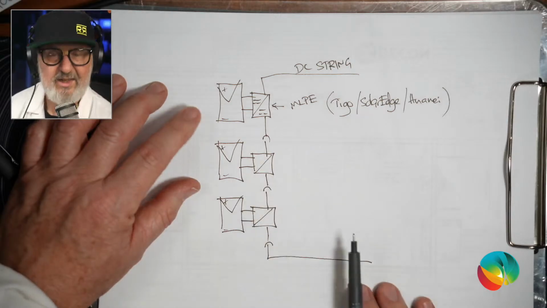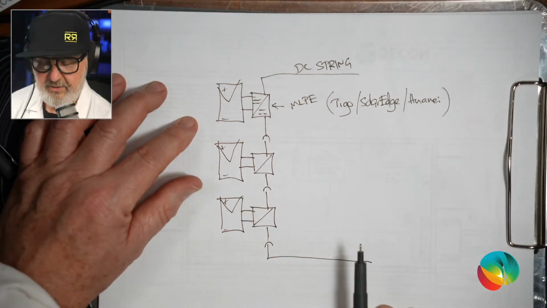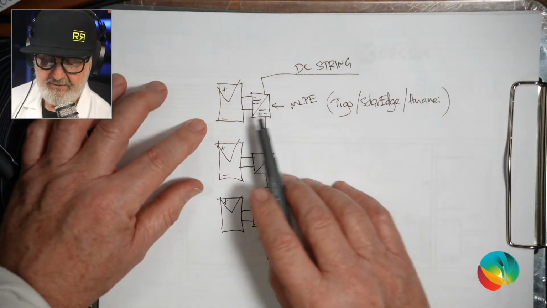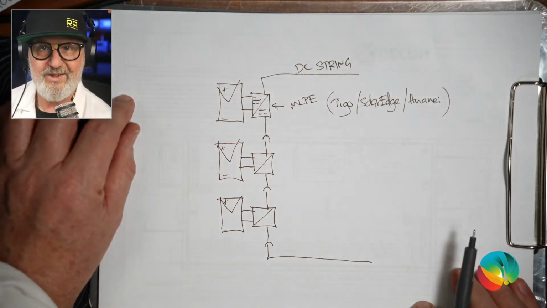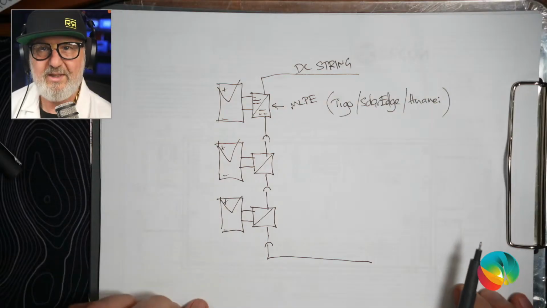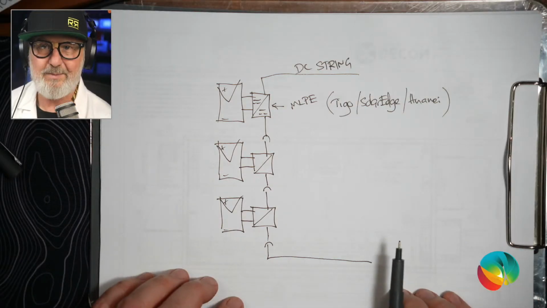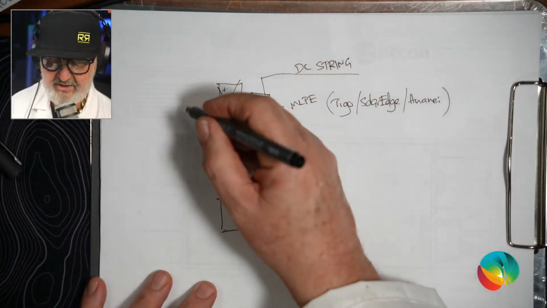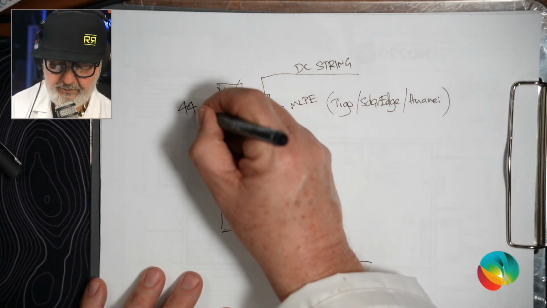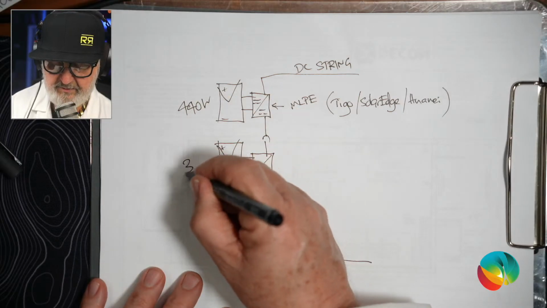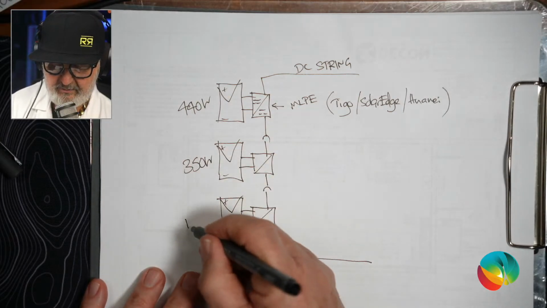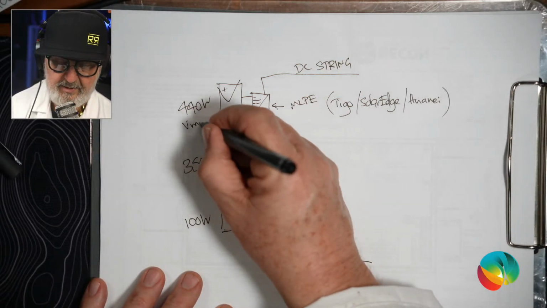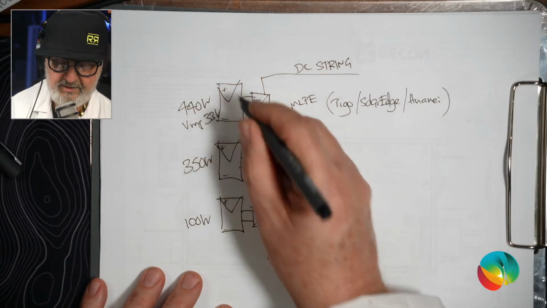They make a DC-DC MLPE device that goes on every module. By the way, it also can give other advantages, other than the fact that, well, I haven't told you what the first advantage is. It means each module works independently and contributes as best it can to the DC string. So you might actually have a 440 watt module here, and a 350 watt module here, and a 100 watt module here. This one might be a VMP of 33 volts because it's new.